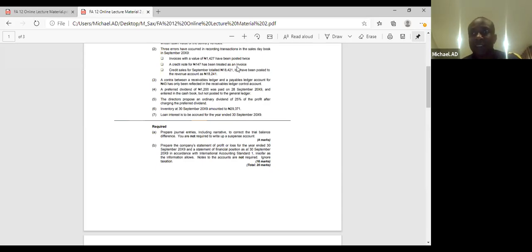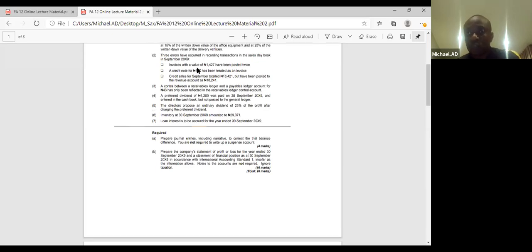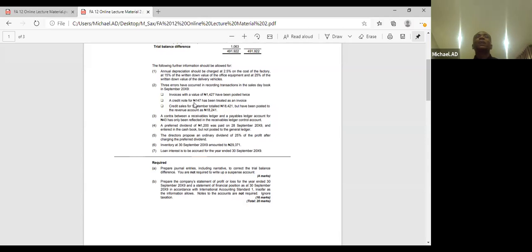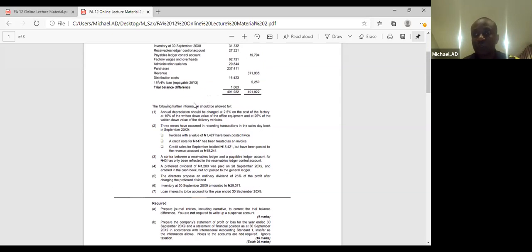The best thing to correct this particular amount is that our credit note is affecting our sales. And since it is affecting our sales, we are issuing a credit to our customer. In other words, we are telling our customer that you have an excess of 1,147 naira with us, so we are owing you 1,147 naira. But the way they treated it was not correct. This particular error was what is affecting our trial balance here.